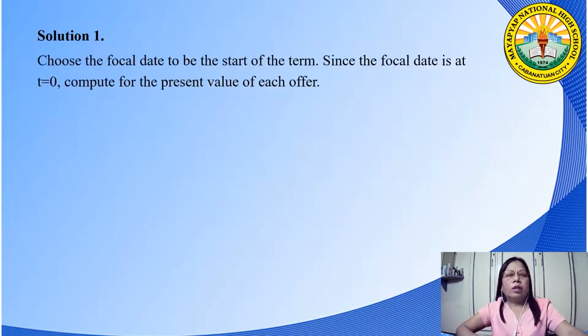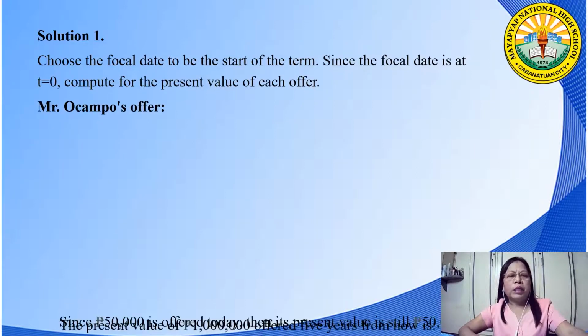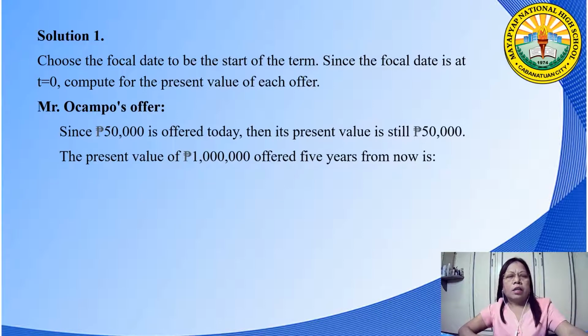Choose the focal date to be the start of the term. Since the focal date is at t equals 0, you compute for the present value of each offer. For Mr. Ocampo's offer, since 50,000 pesos is offered today, then its present value is still 50,000 pesos.